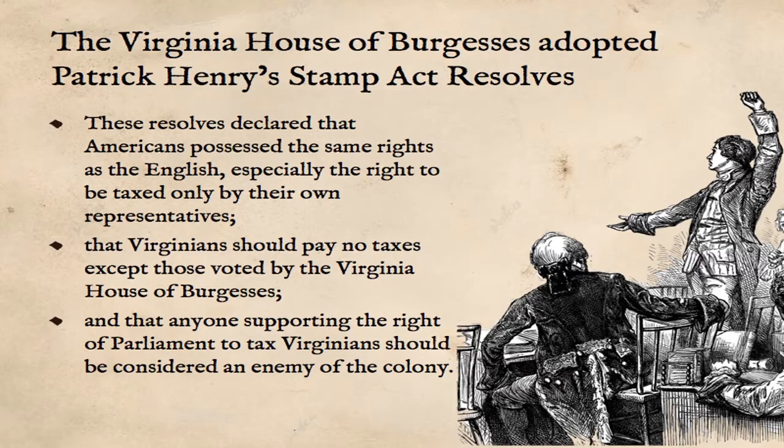It wasn't necessarily an American function by that point, but it was radical in the sense that it was English subjects passing resolves, or passing an opinion basically, that said that as colonists they did not like being taxed in that way, and that they should only be taxed by their own representatives. So the American colonies should be the ones to pass their own taxes and not the Crown of England.